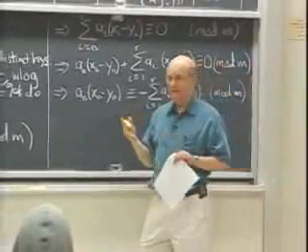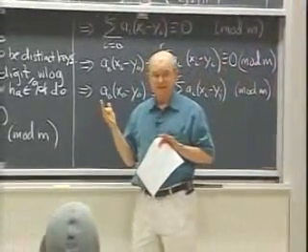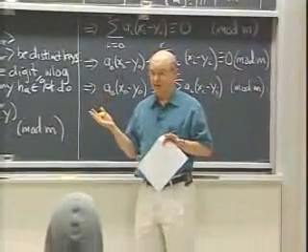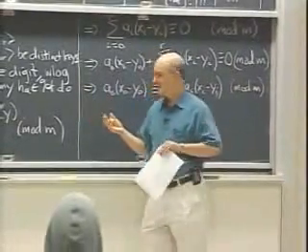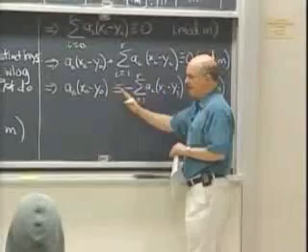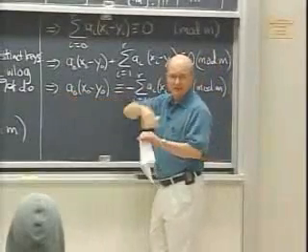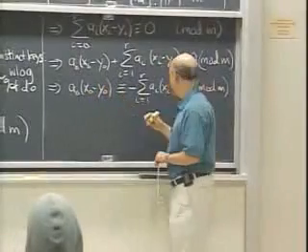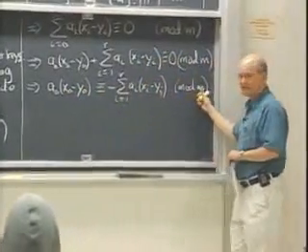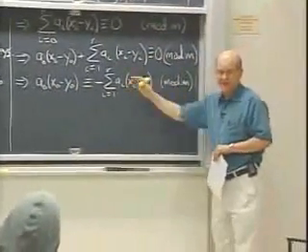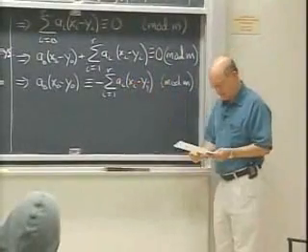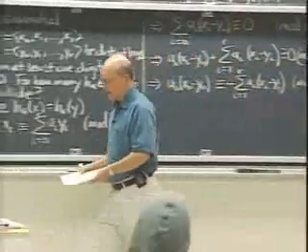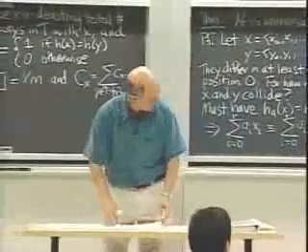Okay? So, for example, minus 5 mod 7 is 2. So if any of these things are negative, we simply translate them by adding multiples of m, because adding multiples of m doesn't affect the congruence. Okay.